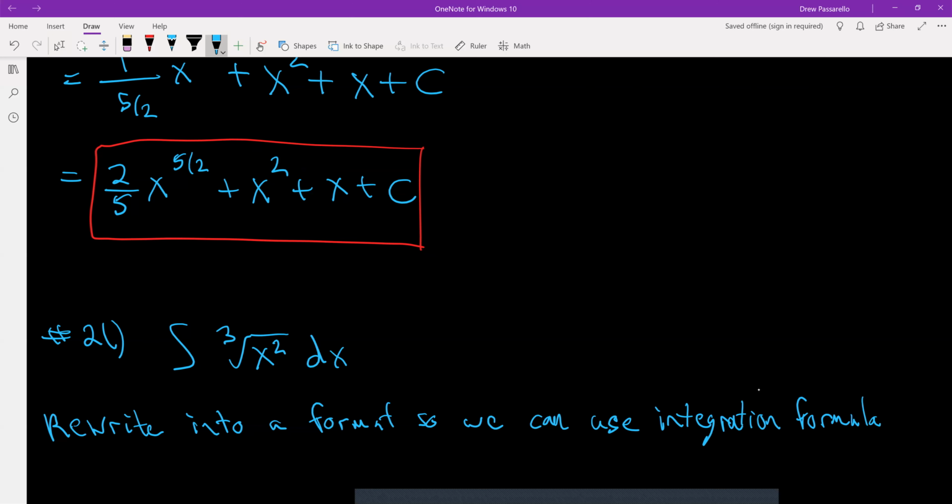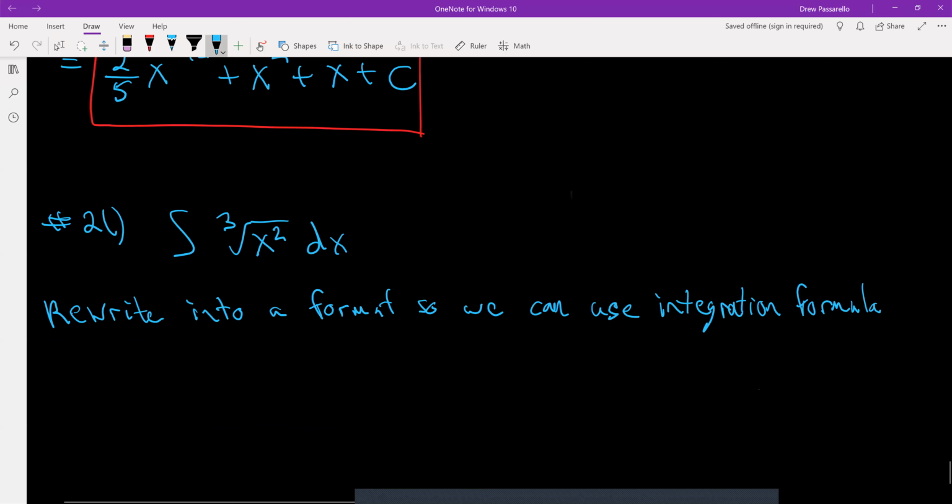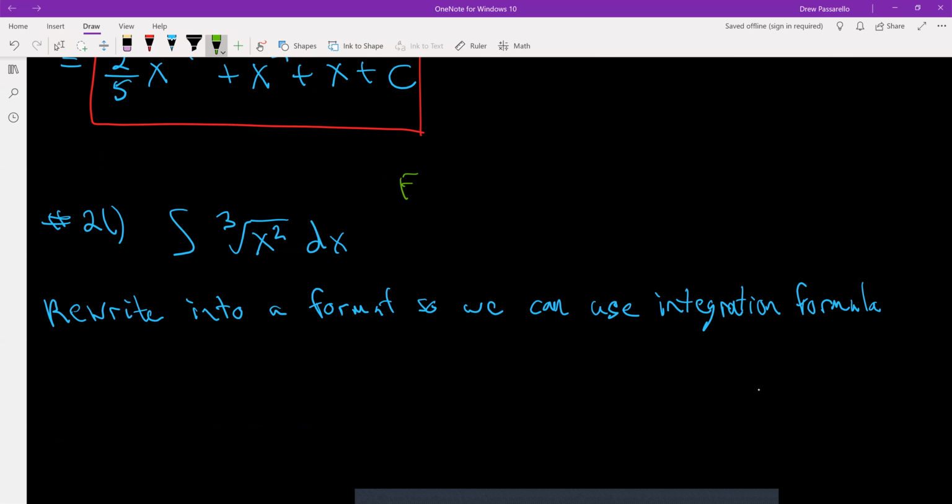And this requires knowledge from algebra. So from algebra, anytime you have the nth root of x to the m, it can be expressed as x raised to the m divided by n.